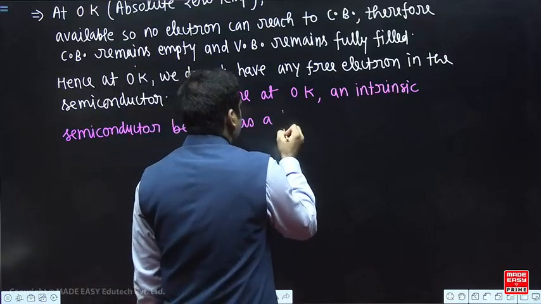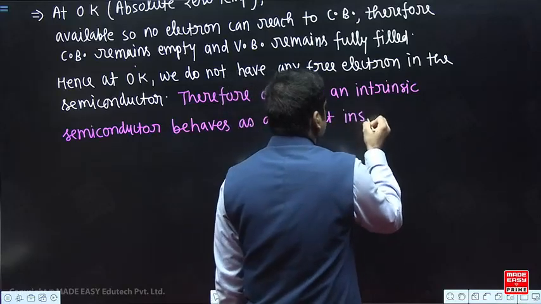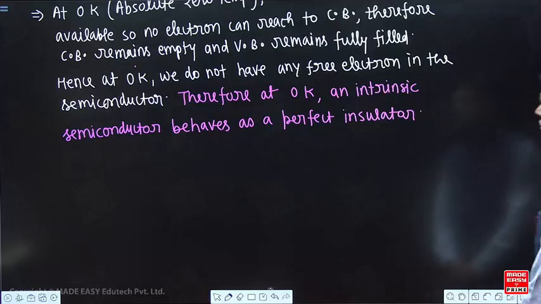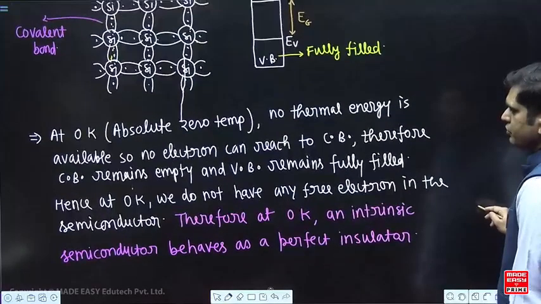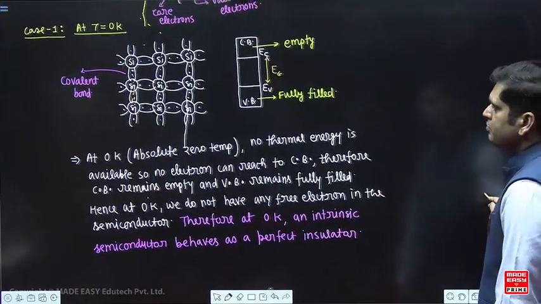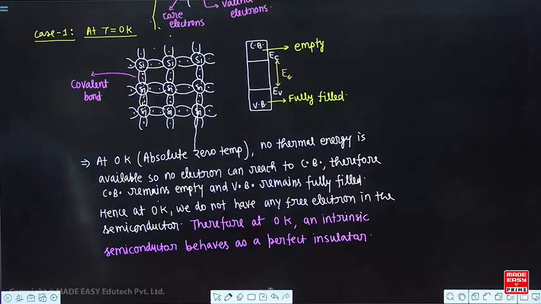Please note it down. Make this and write it down. This is case 1, when we are at 0 Kelvin, then the behavior of the material. Please note it down.